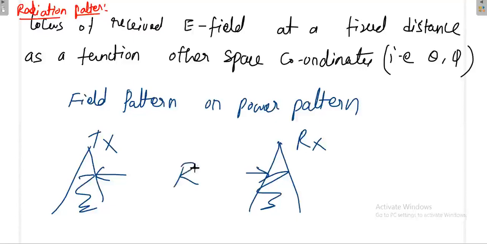Now, if r is the distance between the transmitter and receiver, then there are two fields. One is called the near field and the other is called the far field.